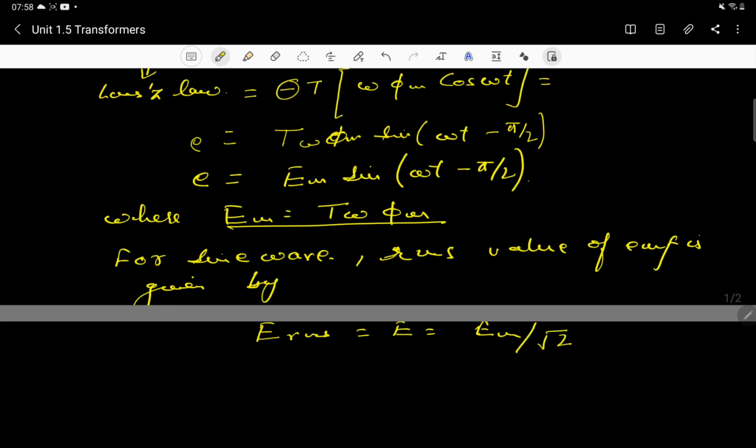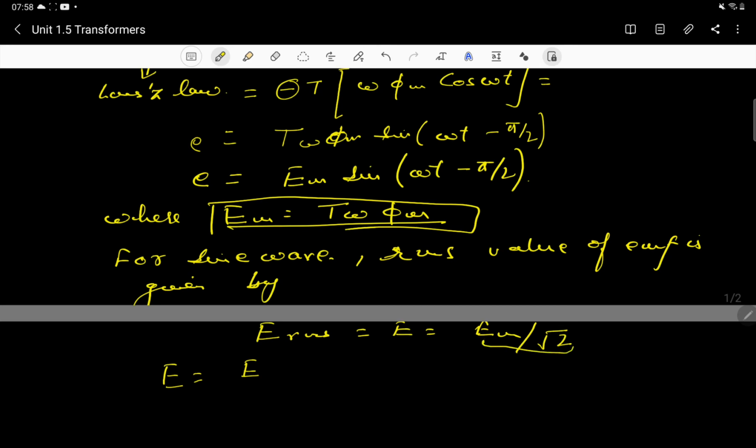All right, you must remember this. So E will be equal to Em upon root 2.